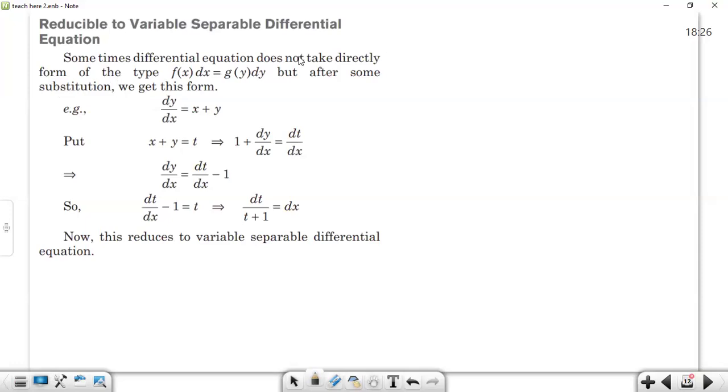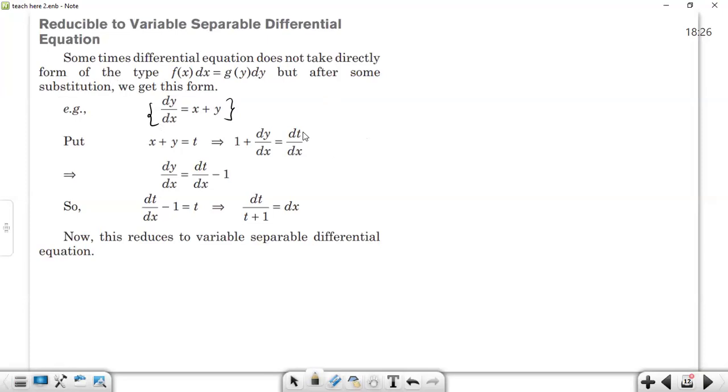Now there are some differential equations which can be reduced so that their variables can be separated. Let's say for this particular differential equation, we cannot directly separate the variables, like y and x to dy and dx.